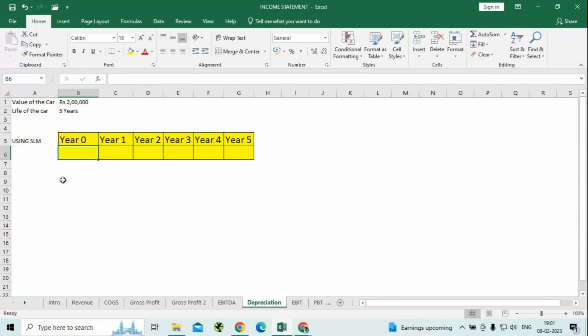For example, the value of an asset is 2 lakh.